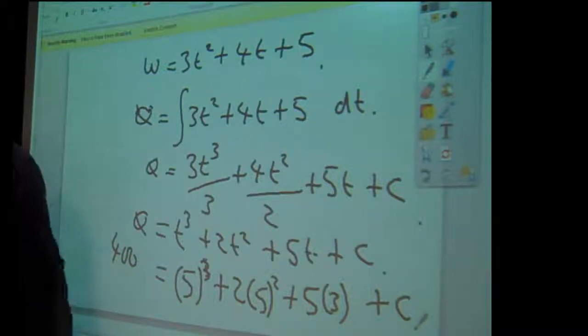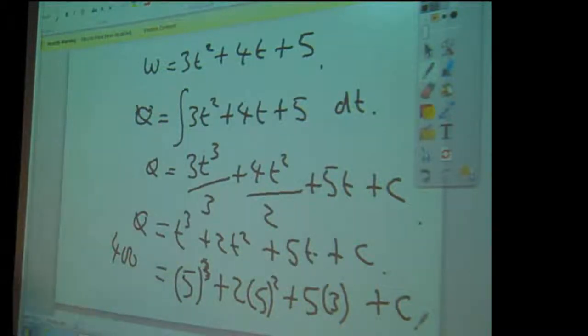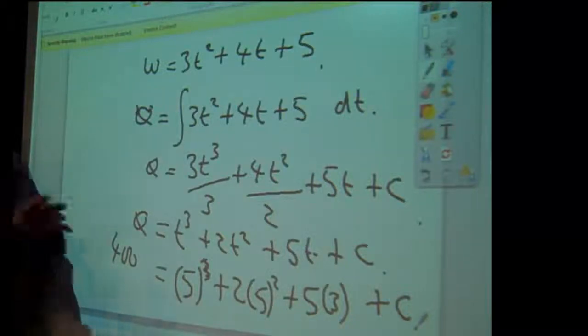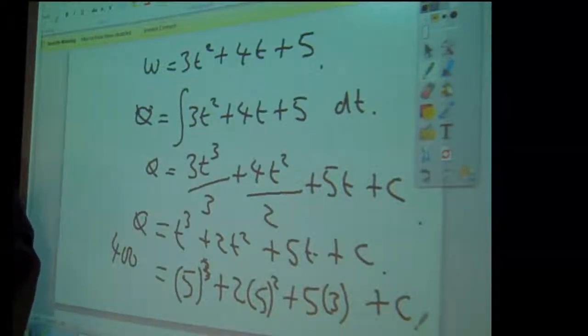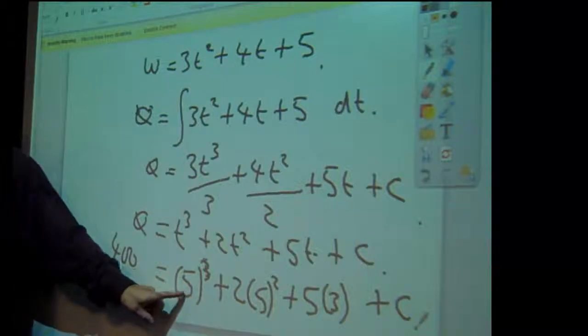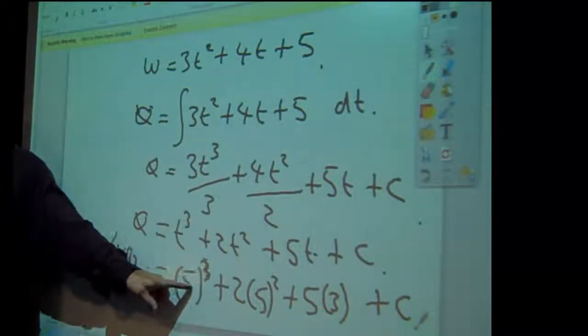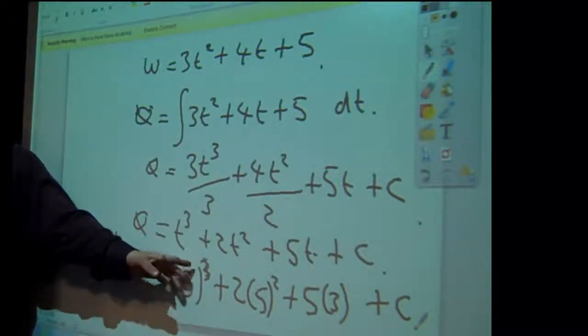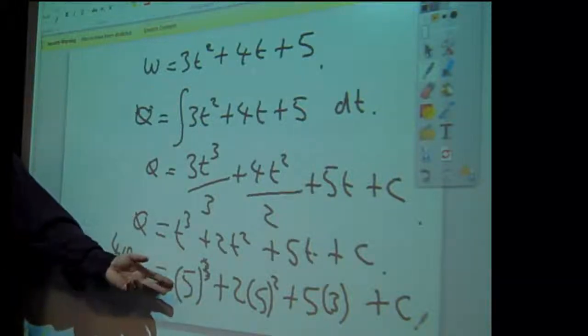But if you remember the question, it says you want to find the constant of integration. So what we can do is transpose the equation at the very end to find the value of c. If you work this out, 5 to the power of 3: 5 fives is 25, and 25 fives is 125.